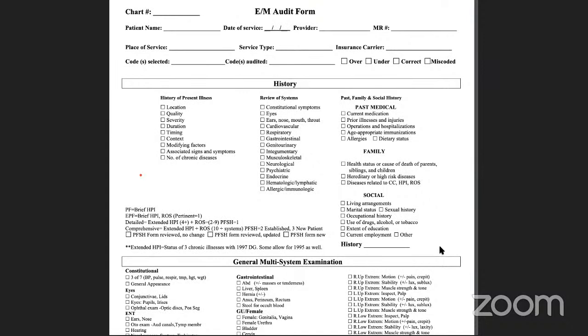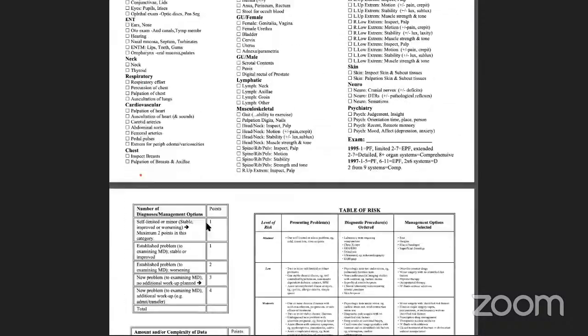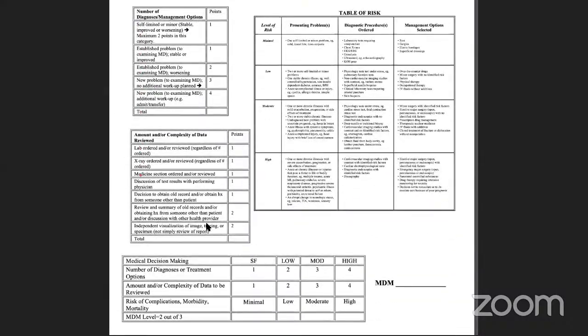Office visits effective January 2021, we capture based on either the medical decision-making or time, and that's the grid that you got last week. And so this week we're talking about hospital visits, emergency department visits, nursing home visits, any of those that require the key components.